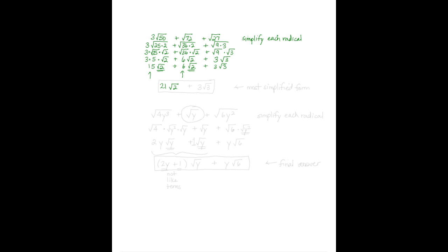But we cannot add to it the 3 square root of 3 because they are now unlike radicals. So our final answer will be 21 times the square root of 2 plus 3 times the square root of 3. This is the most simplified form.